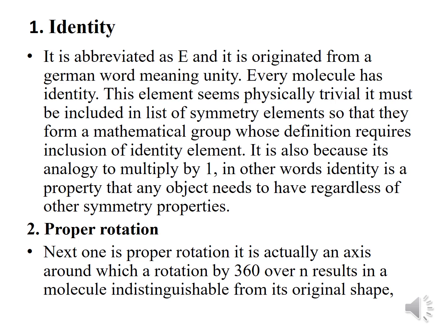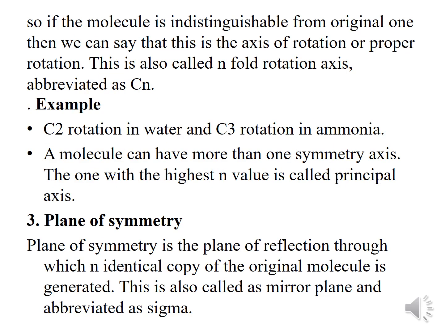Second one, proper rotation. It is actually an axis around which a rotation by 360 over n results in a molecule indistinguishable from its original. So, if the molecule is indistinguishable from the original one, then we can say that this is the axis of rotation or proper rotation.